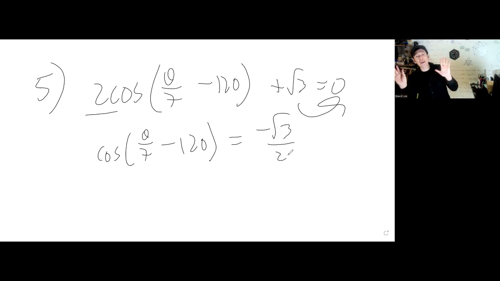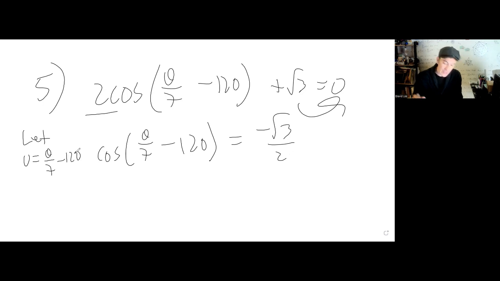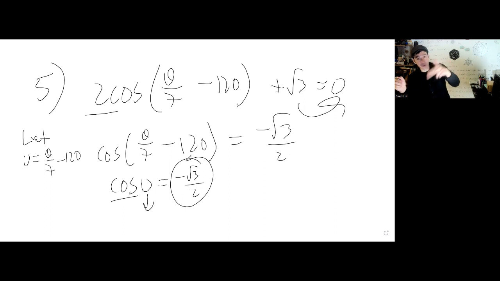Now, how about we make a u substitution? How about we let u represent theta sevenths minus 120? So now we can rewrite this equation in terms of u. So this becomes cosine of angle u equals negative square root 3 over 2. So give me an angle u where cosine is this. Recall, cosine is the x-coordinate on the unit circle. Give me an angle where the x-coordinate is negative square root 3 over 2.